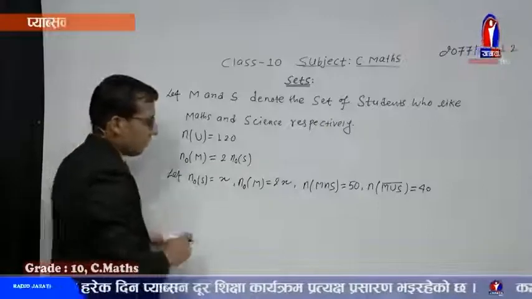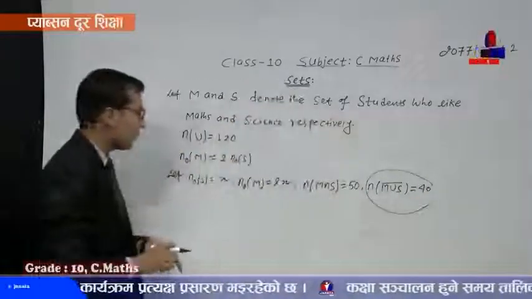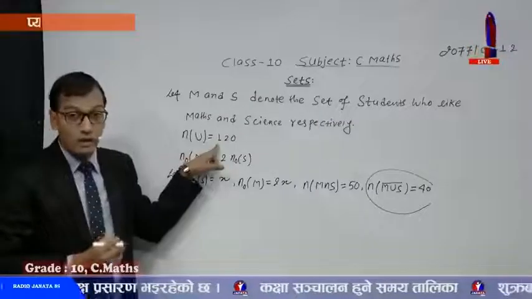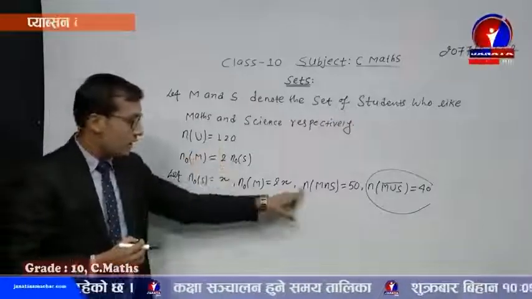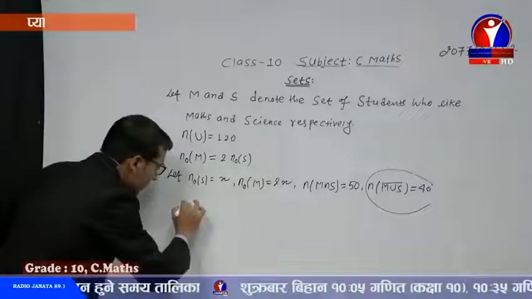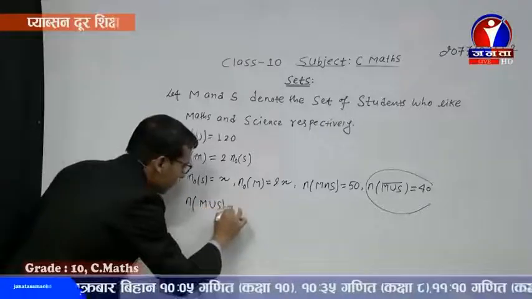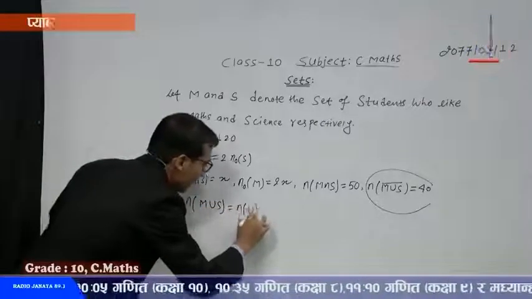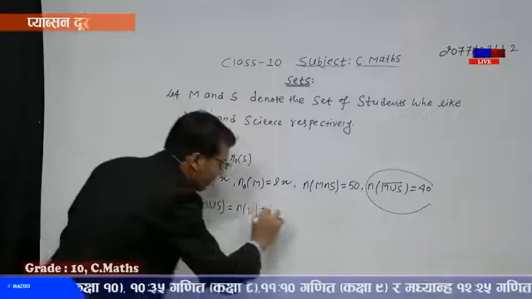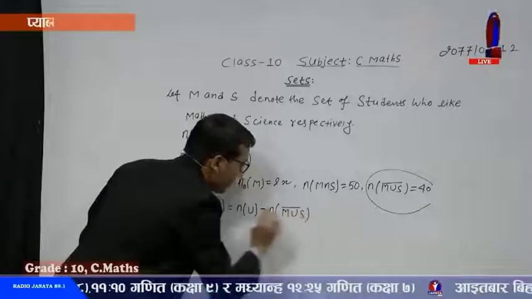So if we deduct the complement, which is 40, from n of U, we can obtain n of M union S. Let's find n of M union S is equal to n of U minus n of (M union S) complement.